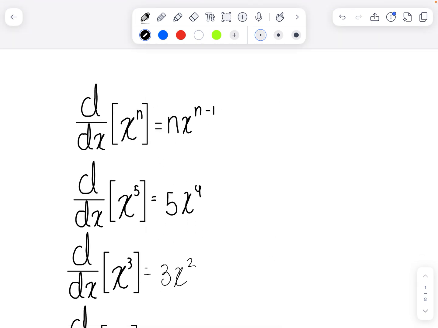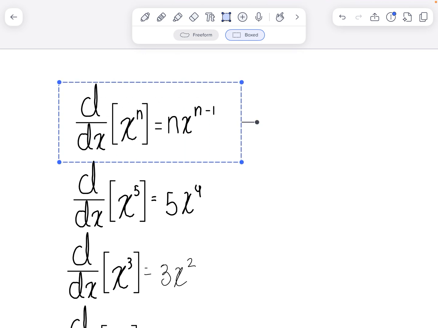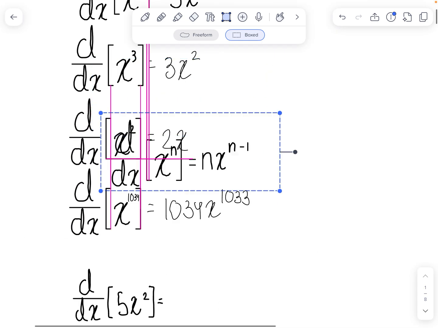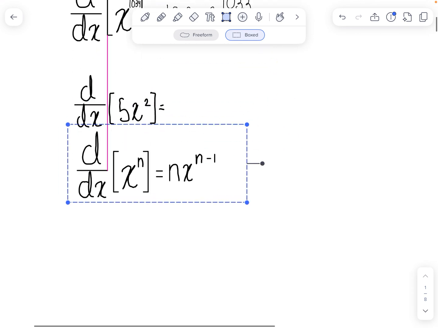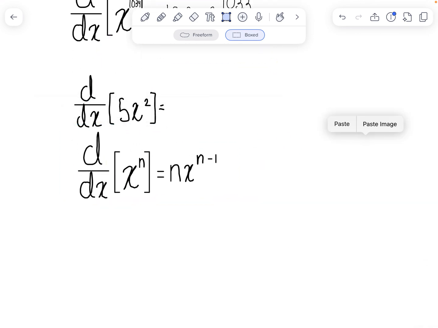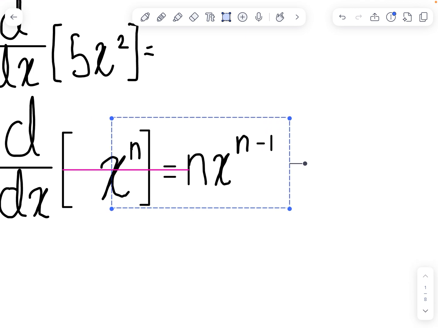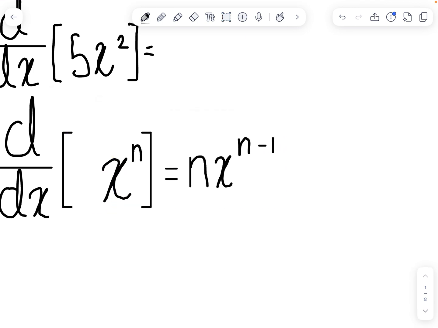If we bring down this formula of the power rule, we have n times x to the power of n minus 1. Now just think about this as alpha, so that's the coefficient.